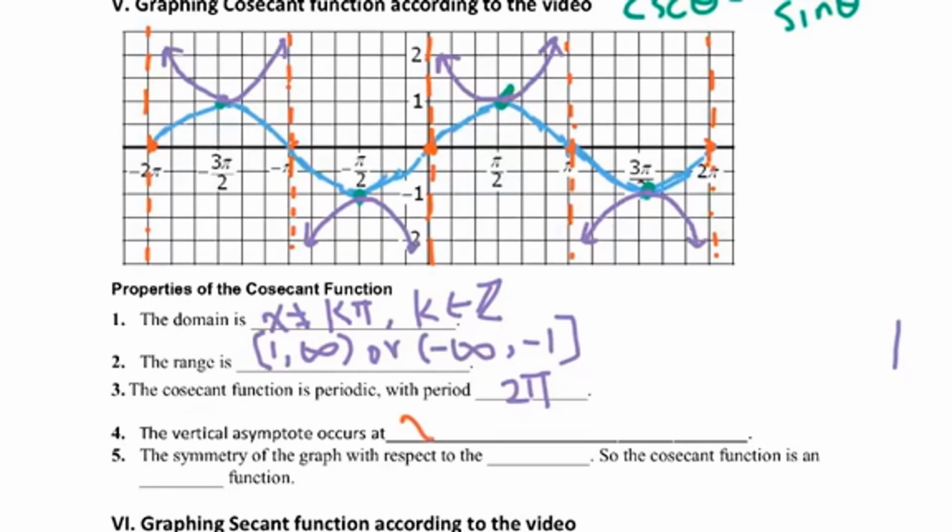So I can write down x equals k pi, and k is all integers. And the symmetry of the graph will be about the origin, so it's an odd function.